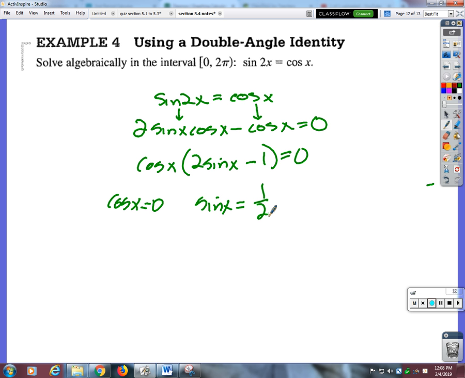So if I go to the circle chart and I try to look for where cosine of x equals 0, you find that at pi over 2 and 3 pi over 2. And then if I try to find where sine of x equals 1/2, so I'm looking for where the y-coordinate is equal to 1/2, that is at, okay.